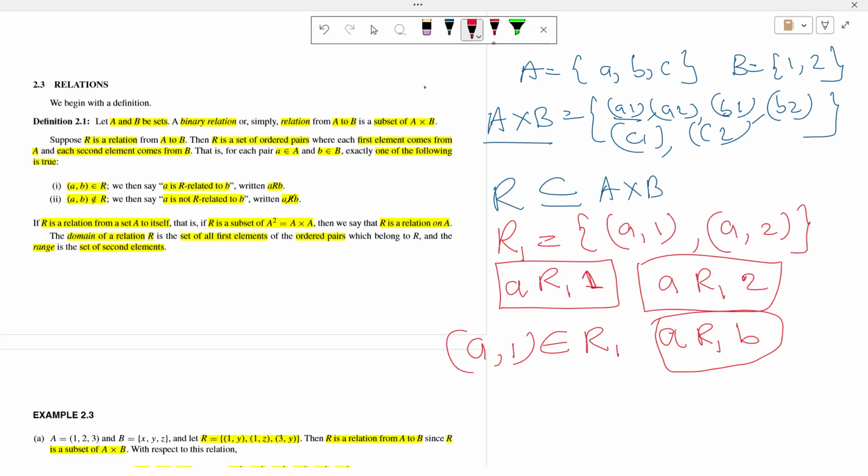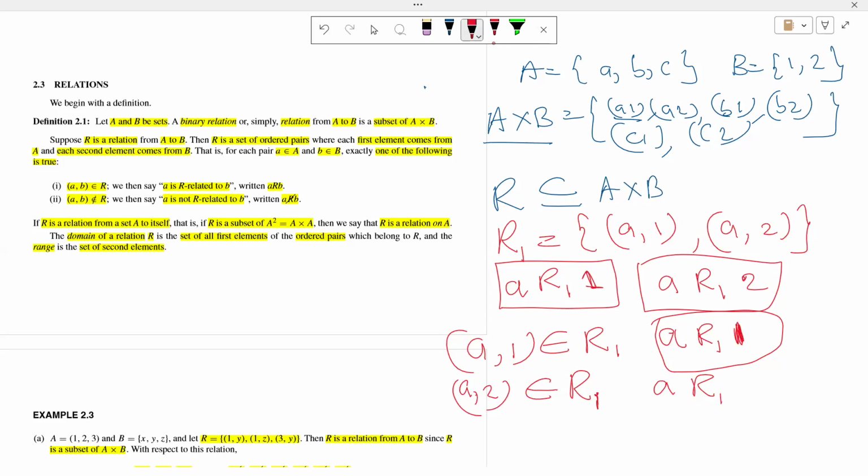Similarly, A comma 2 is an element of relation R1. So A comma 2 is an ordered pair that belongs to relation R1. So I can write A R1 2.